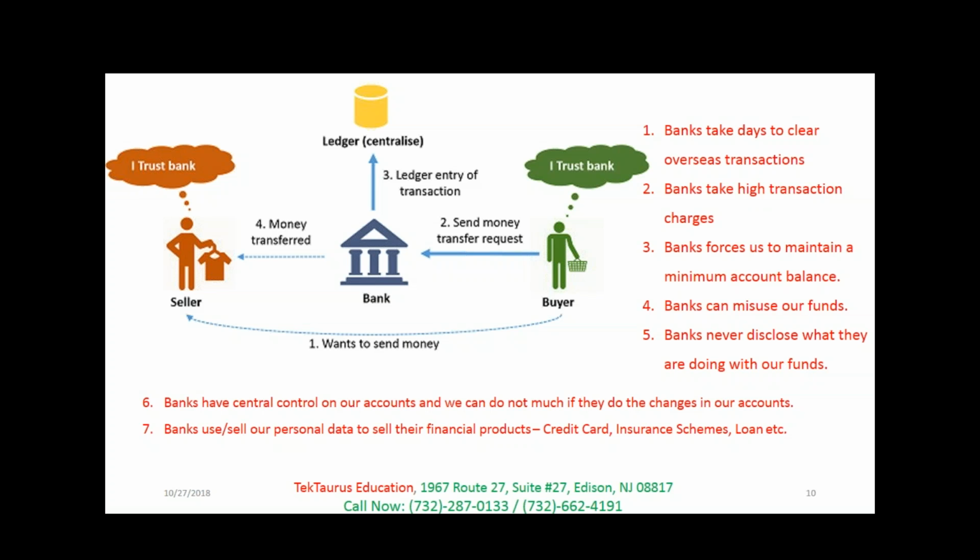The bank has central control over our accounts, and we can do not much if they make any changes or charges. They can also use our personal data to sell their financial products, like calling you to take a credit card, an insurance scheme, or a loan. Because the bank has all your data and you are its customer, they can use you. It's like that because it is a central system.